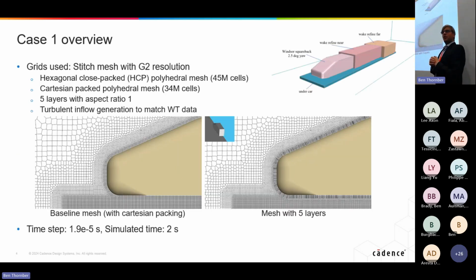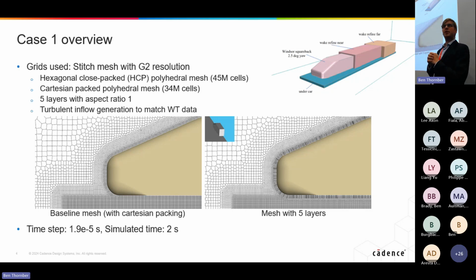I'll start with our LES methodology with a case 1 overview. So in essence, we've looked at different things. The first is the impact of the mesh topology, Cartesian meshing versus hexagonal close packed, honeycomb-style polyhedral meshing, to assess the impact on the isotropic nature of the honeycomb meshing.